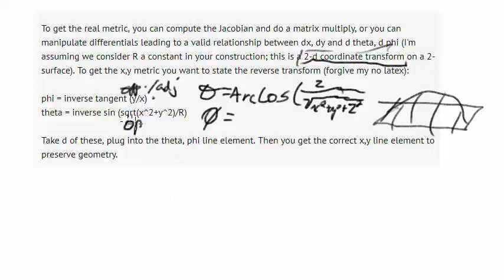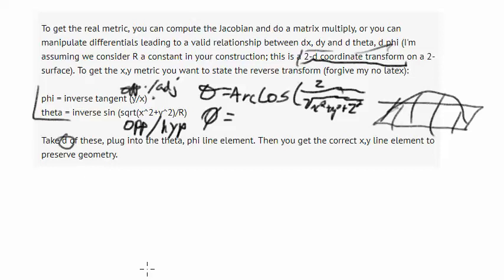So yeah, looks like this is correct determination of phi and theta, but why? Okay, take d of these, plug in to the theta phi line element. Take d of these, then you get the correct x comma y line element to preserve geometry.